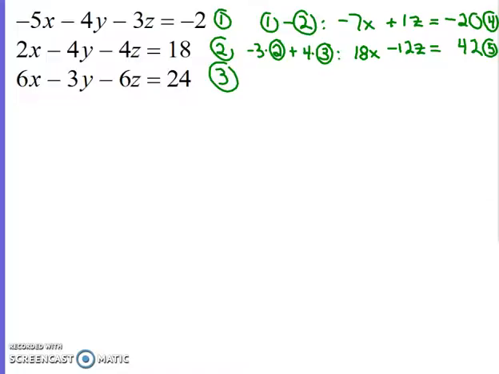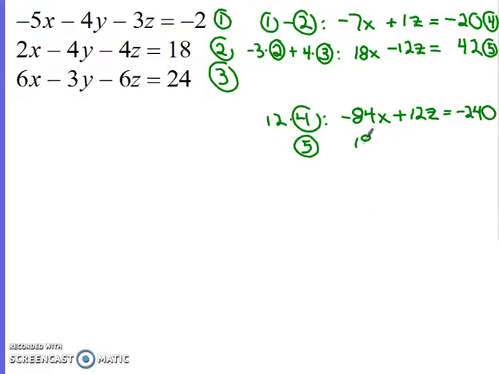So I'm going to write 12 times equation 4. That's going to be negative 84x plus 12z equals 12 times negative 20 is going to be negative 240. And I'm going to leave 5 alone.